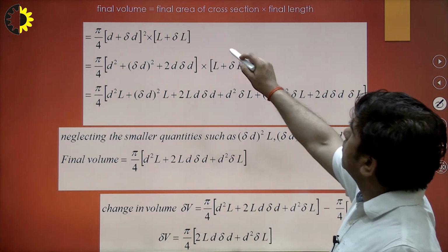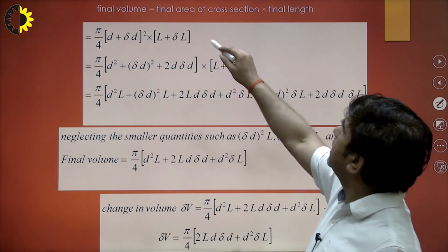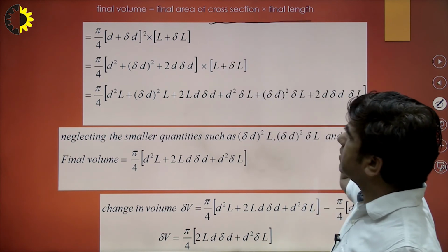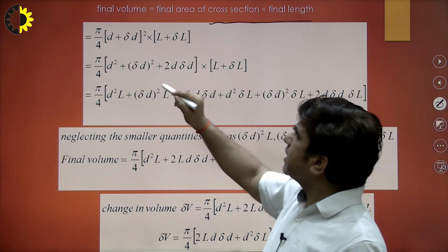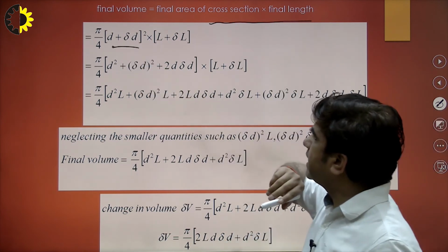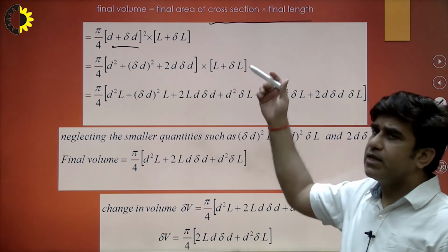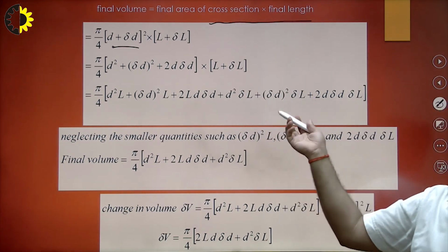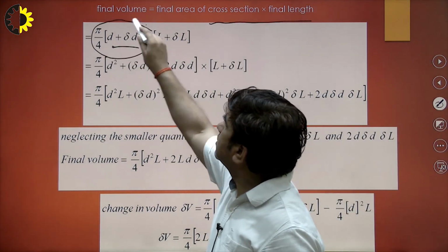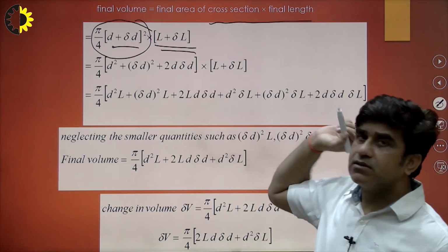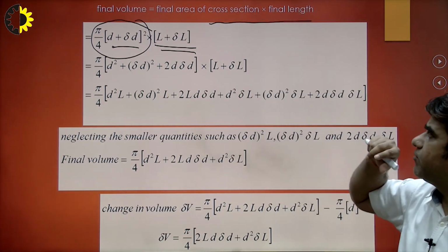Okay. So, how will I find that final volume? Final area of cross section into final length. So, suppose change in dia is del D. So, what is the final dia? D plus del D. Change in length is del L. Then what is the final length? L plus del L. Okay. So, this is the final cross section and final length.